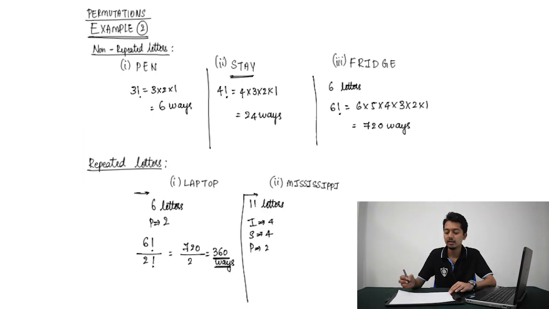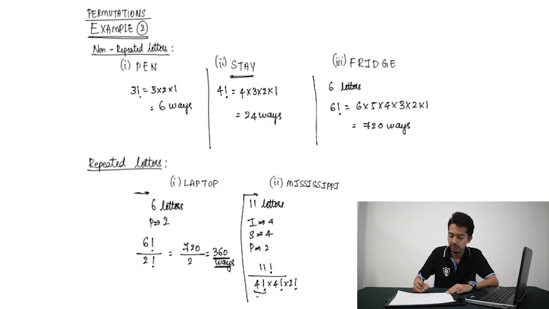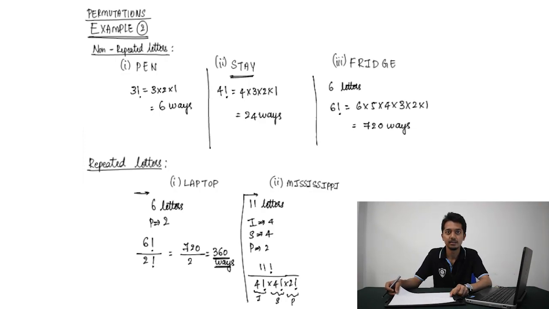Hence the total permutation for Mississippi is 11 factorial divided by 4 factorial into 4 factorial into 2 factorial. This 4 factorial is for I, this is for S, and this is for P. The total answer need not be in simplified whole number form. Look at the options and then mark the correct one.